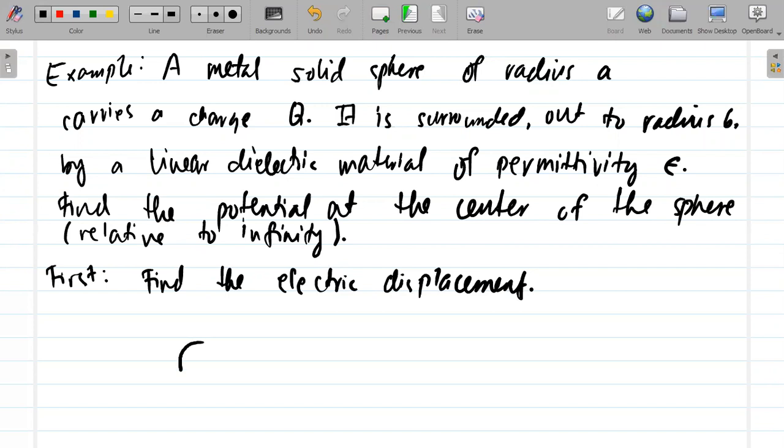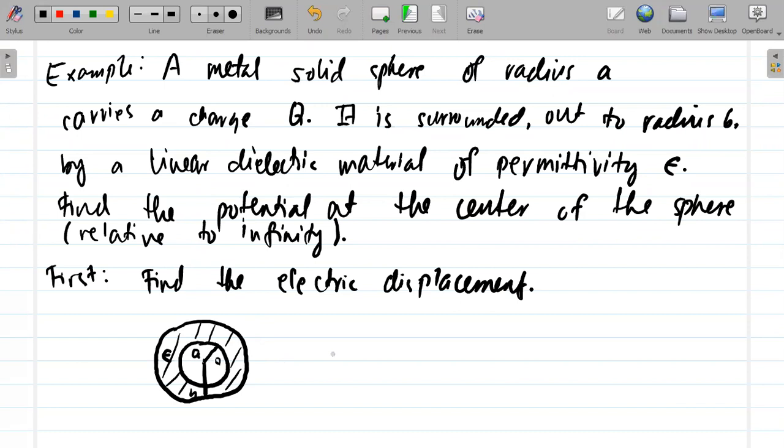Meron kang metal solid sphere, radius A, na may charge Q. Tapos, lagay ko Q. Now, surrounded siya out to radius B by some linear dielectric material of permittivity epsilon. So, may epsilon ka dito sa region na to. So, the question is, find the potential at the center. Dito.